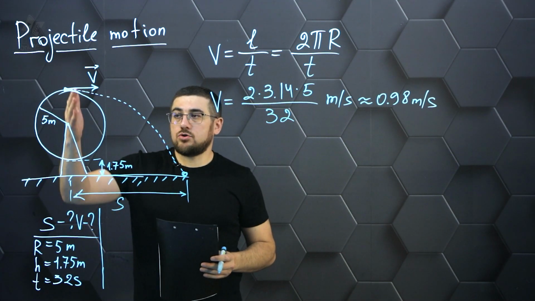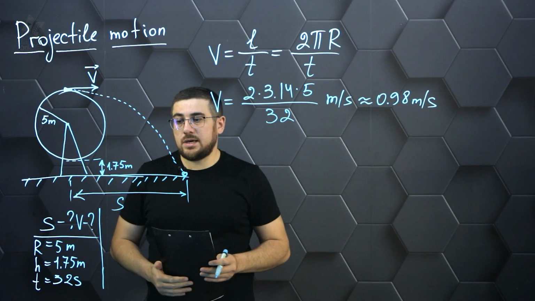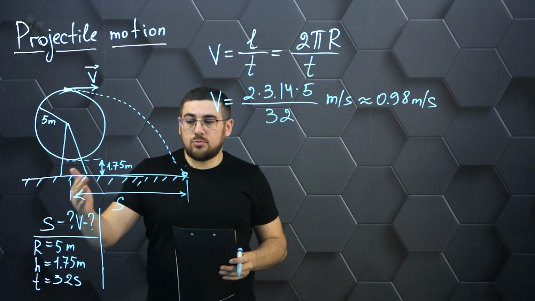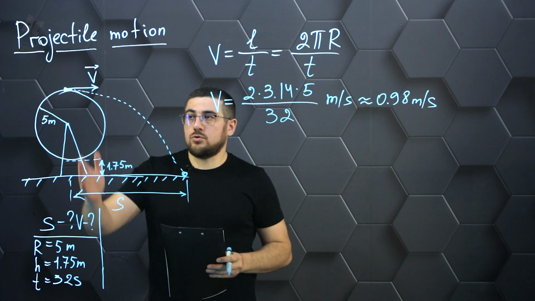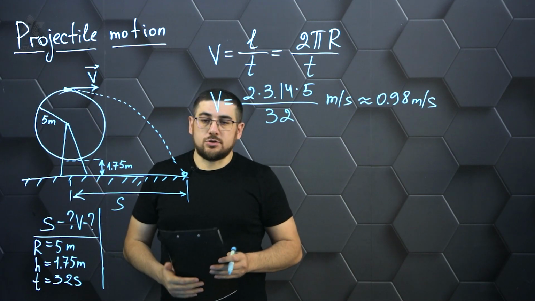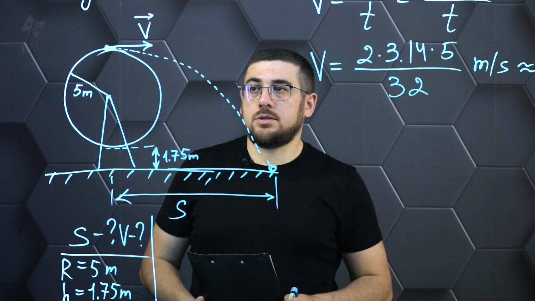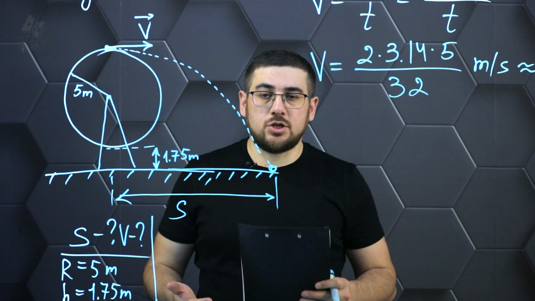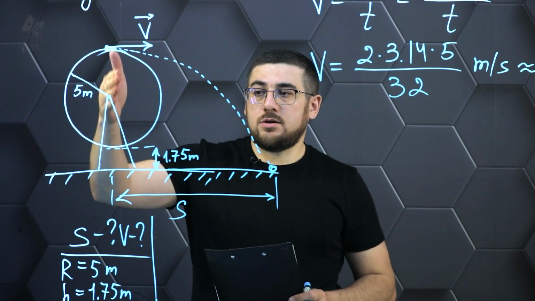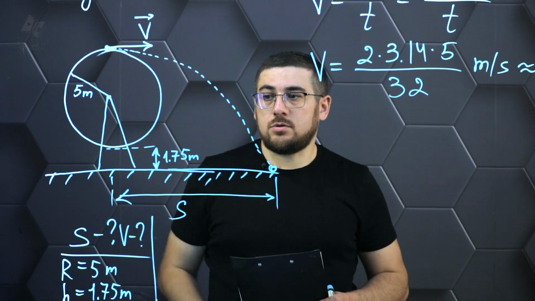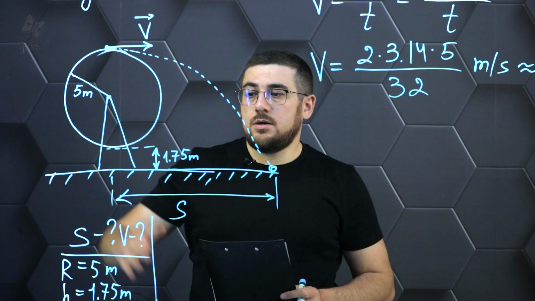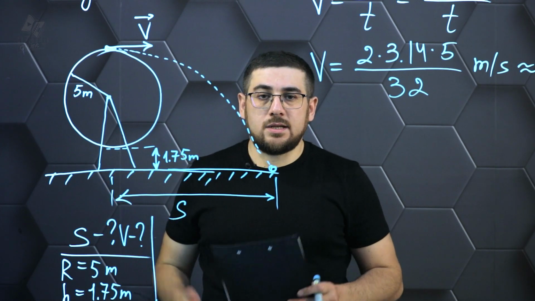Well, now in order to calculate how far this toy will travel horizontally from the release point, we must remember that this toy participates in two movements simultaneously. It is falling vertically down and moving horizontally at some constant speed. Well, actually, we have already found this speed.